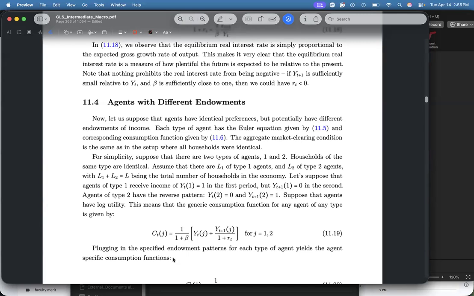Ang nakalagay sa 11.19, and this is something important we should remind ourselves of, consumption today is dependent on income when? And this is something coming from chapter 9, chapter 10. Consumption today is a function of income when? Sir, income of today and the future po. Okay, that's an important insight.